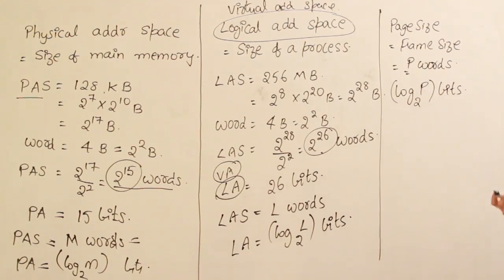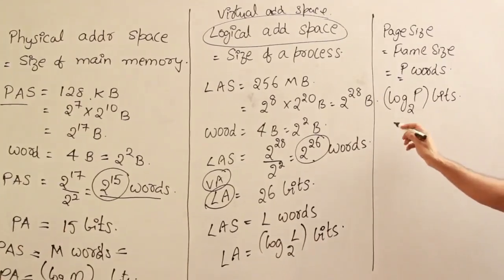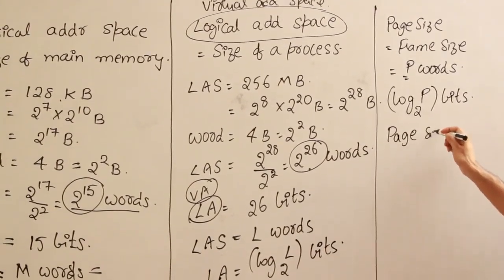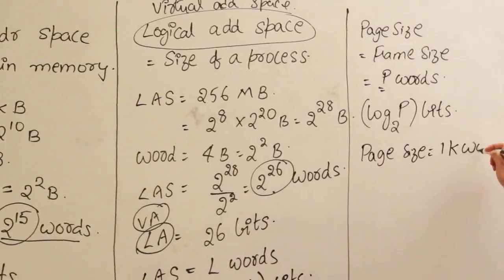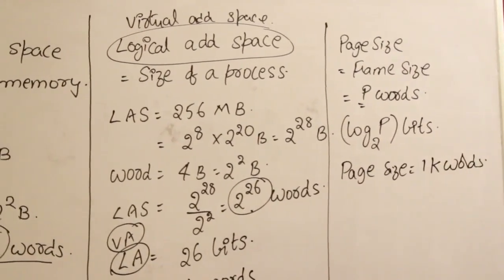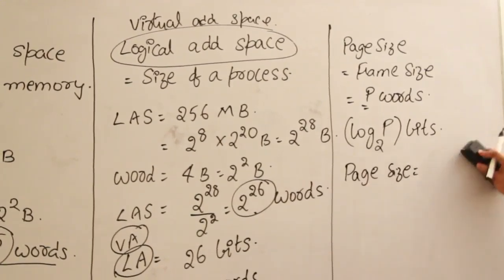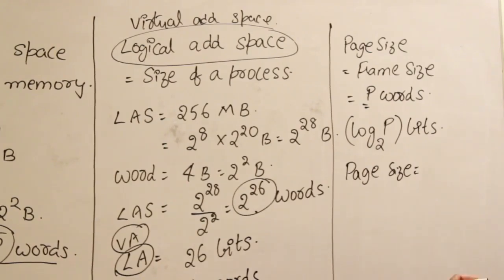To take a small example and explain, let us assume that page size is 1k words. Or in terms of bytes and then words. Generally they will give directly in words, but I just want to make clear the difference between words and bytes.